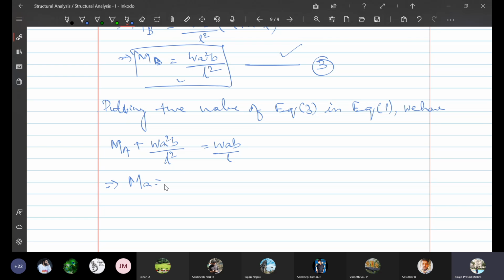So MA equals WAB by L minus WA square B by L square. This implies MA equals WAB by L square, then it is L minus A. What is the value of L minus A?